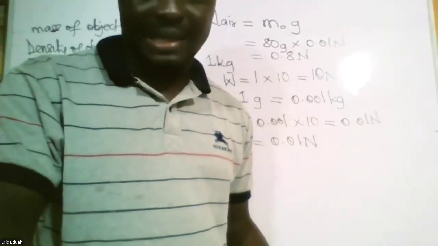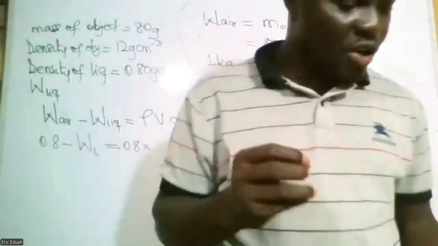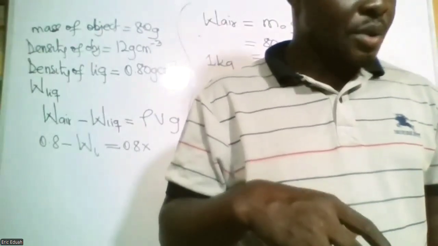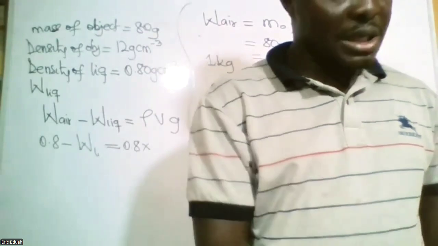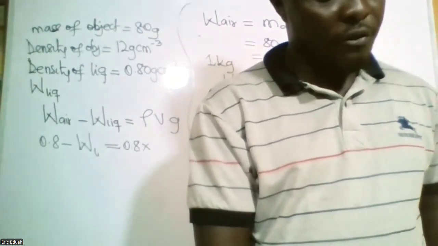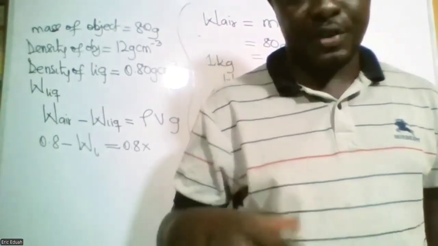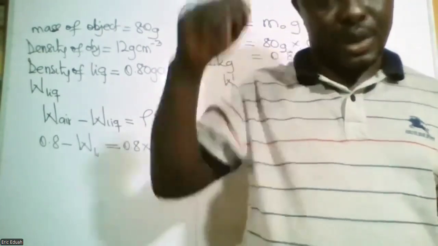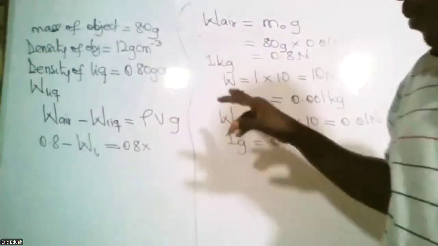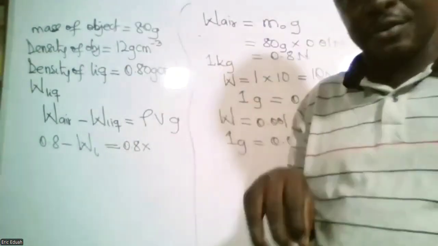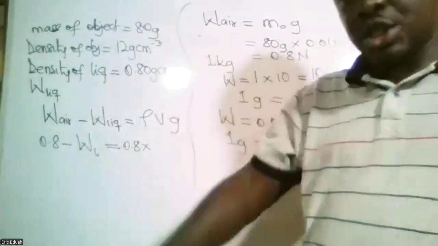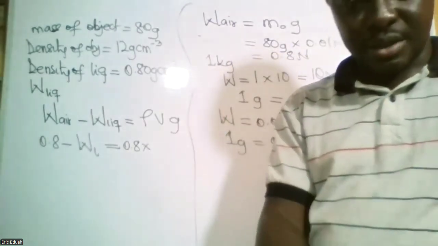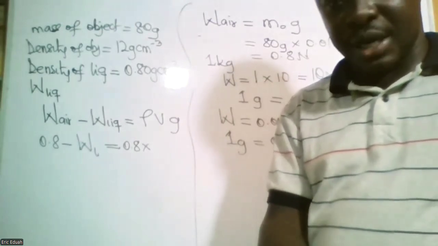We have the density. Let's find the volume of the object. Then we are also told that half of the volume of the object is immersed in the liquid. So let's find out half of the volume of the object, which will be equal to the volume of the liquid displaced. Janice, have you finished?